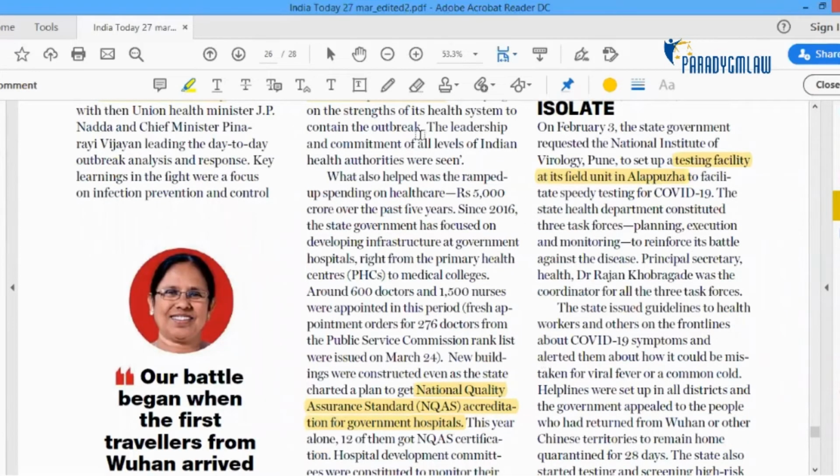Now, this paragraph here talks about two important things: the primary healthcare centers and the National Quality Assurance Standard accredited for government hospitals. These two are important.